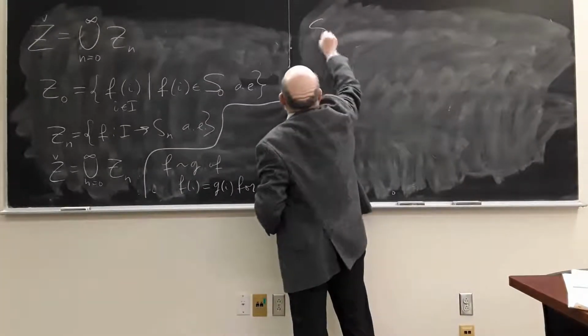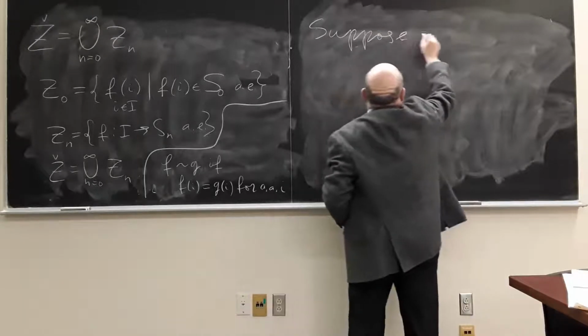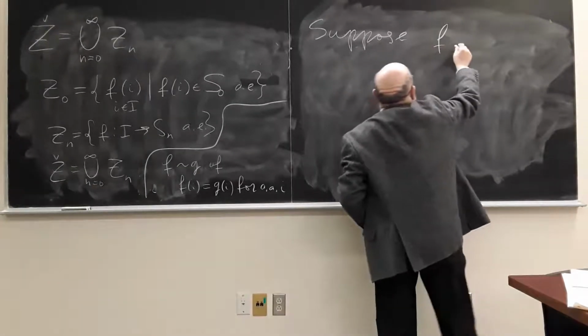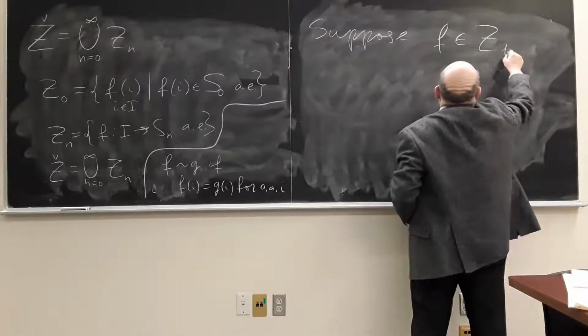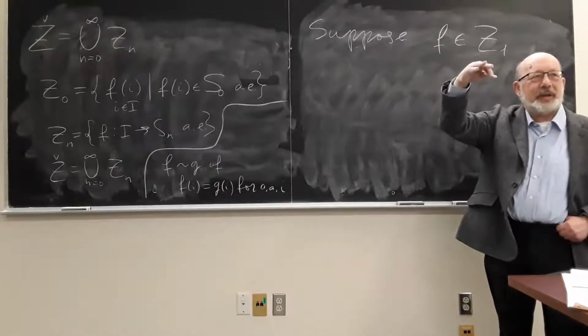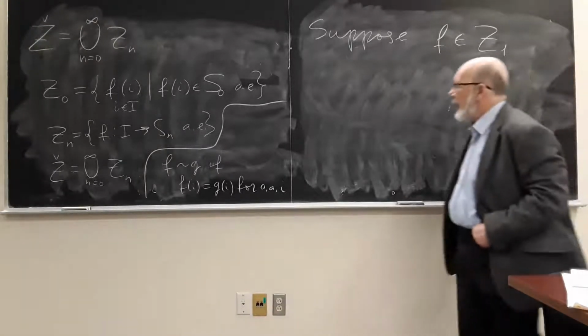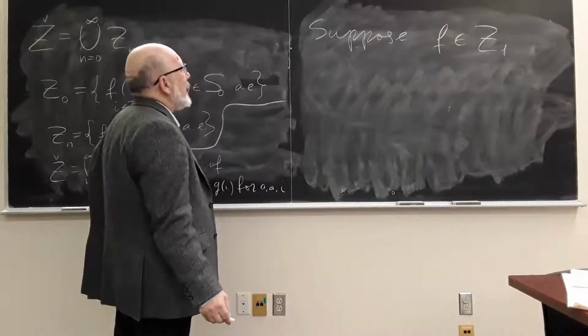Suppose we have some f which is in Z1. What does it mean?